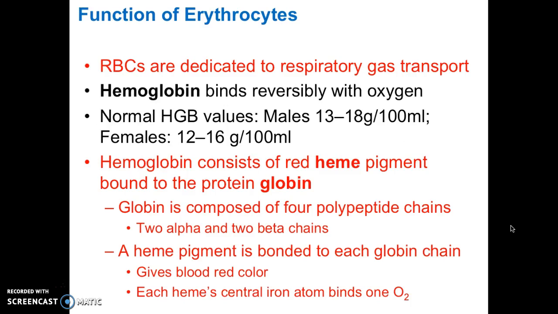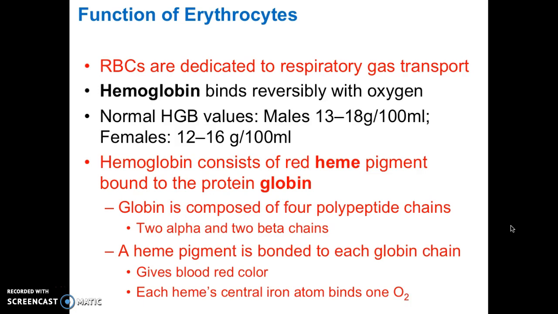Here are the functions of red blood cells. They are dedicated to respiratory gas transport. Hemoglobin binds reversibly with oxygen. Normal hemoglobin values are 13 to 18 grams per 100 milliliters for males and 12 to 16 grams per 100 milliliters for females.